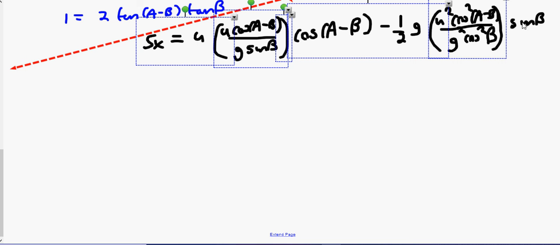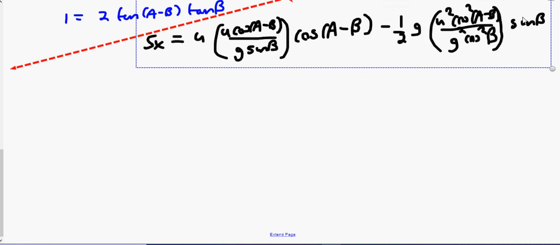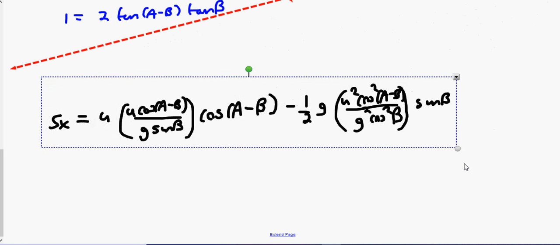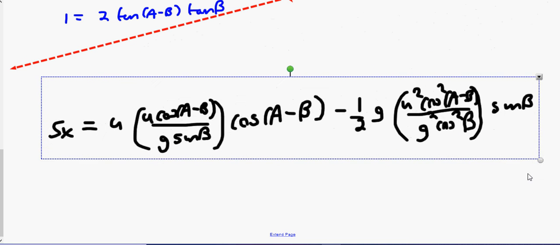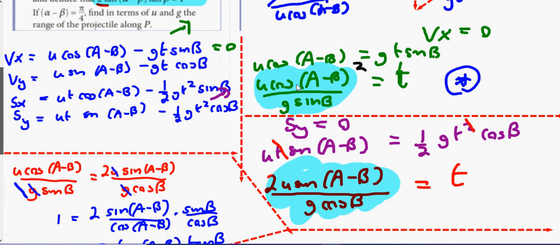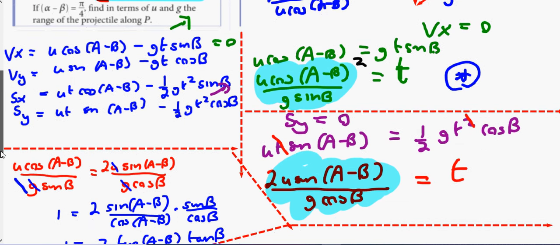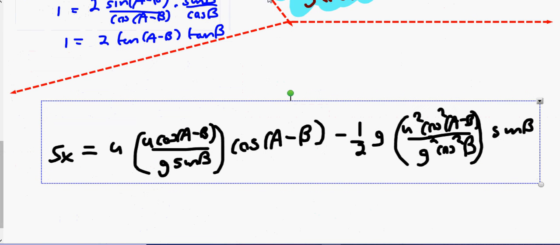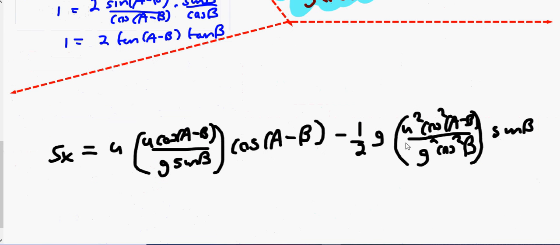I'll try and make it a bit bigger. Did you make a mistake? What am I using? I'm using this one. Oh, sin squared on the bottom. Ah, perfect. Thank you. That would have made my life considerably more difficult. So, is everybody happy with g squared sin squared b on the bottom? Perfect. Thank you.